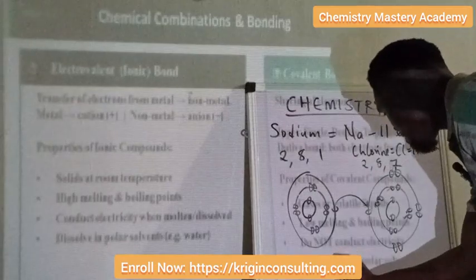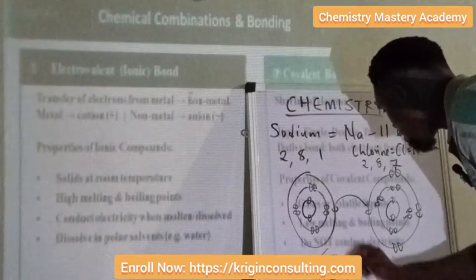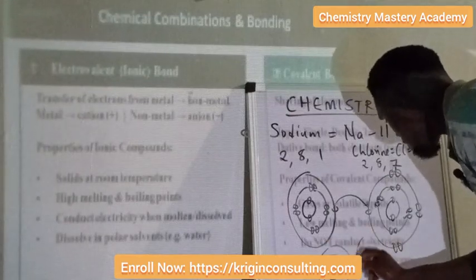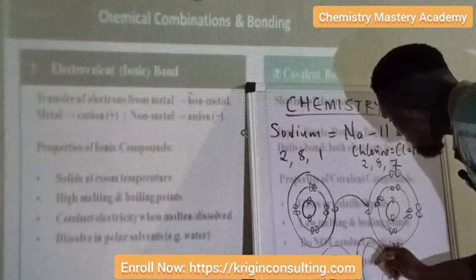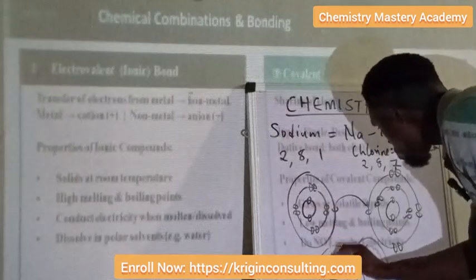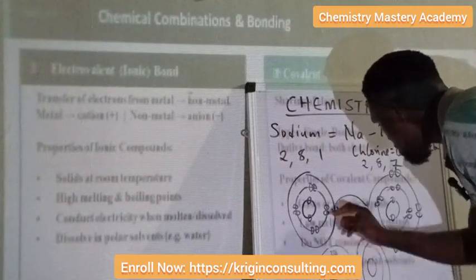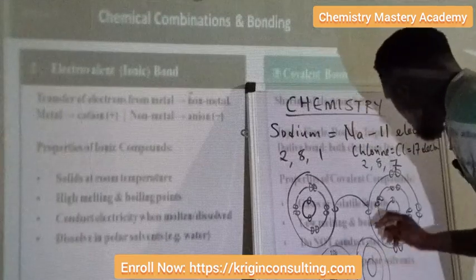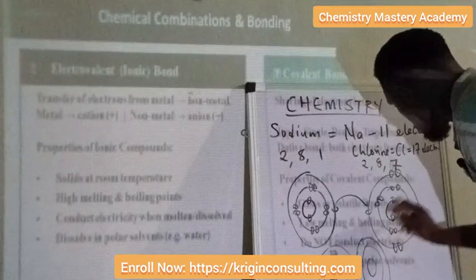Automatically, you will now have this, this, this. Then we have this, this, this. 2, these 2, 2, 4, 6, 8. Then this one that is here has joined to this one.